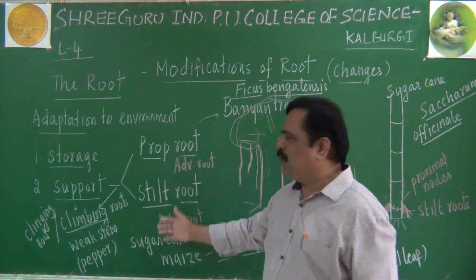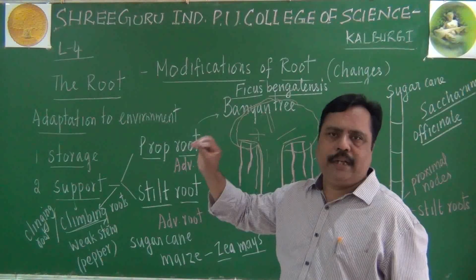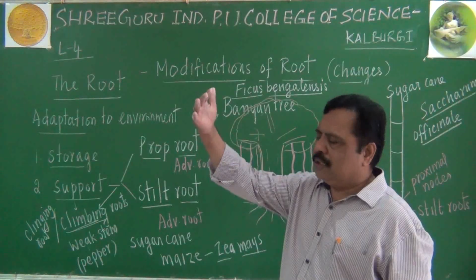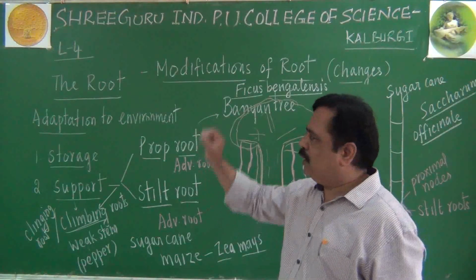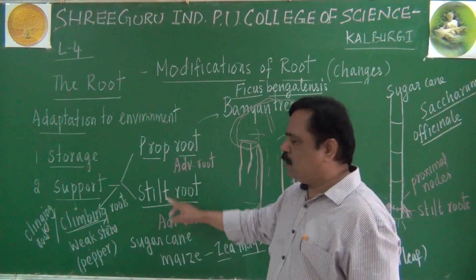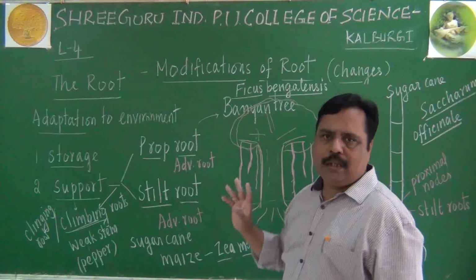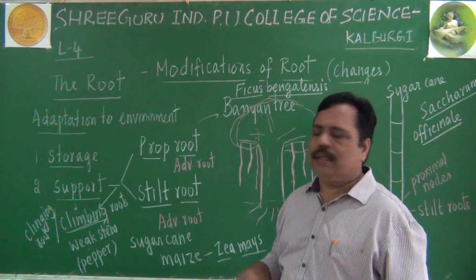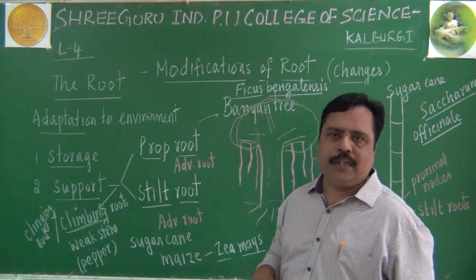I think some 9 to 10 biological names you have heard from today's class. Make a tabular column where you can write the name of that root modification and the example separately, so that whenever time permits, you can go on revising. It will be helpful for remembering also.